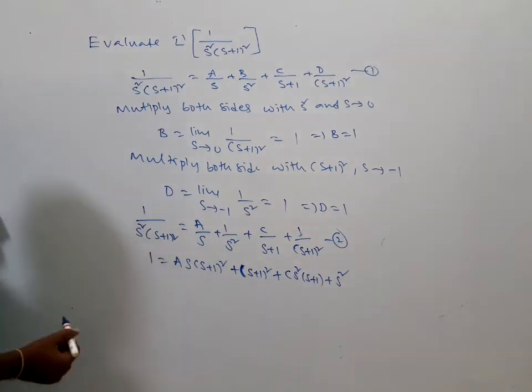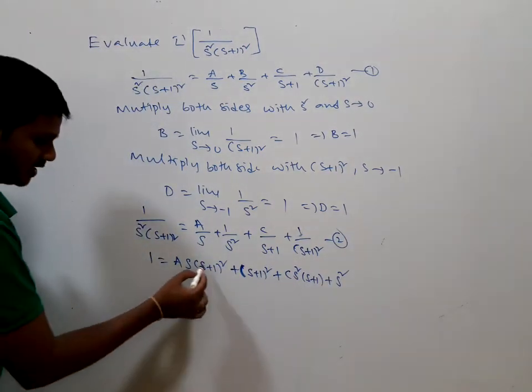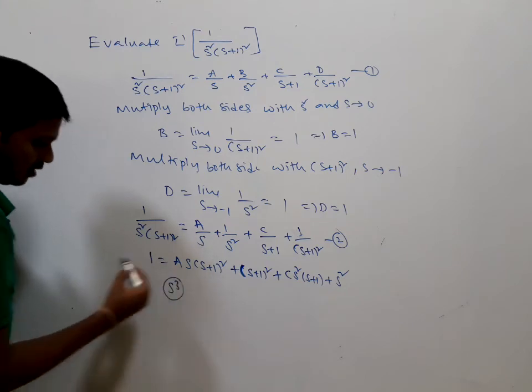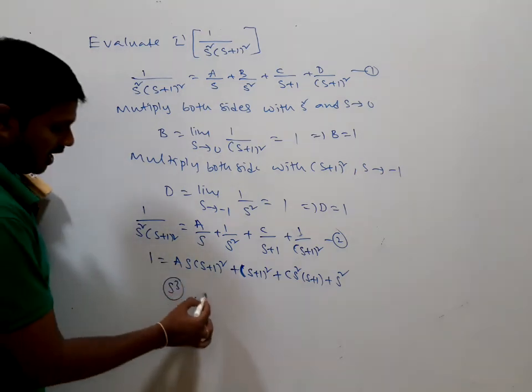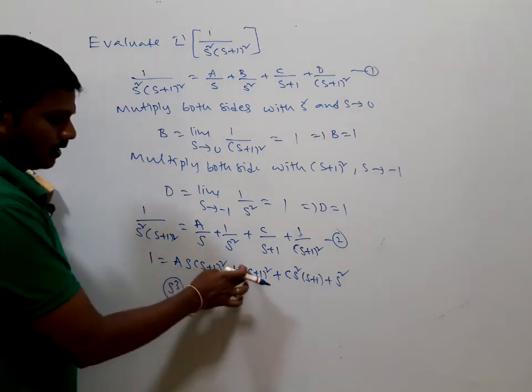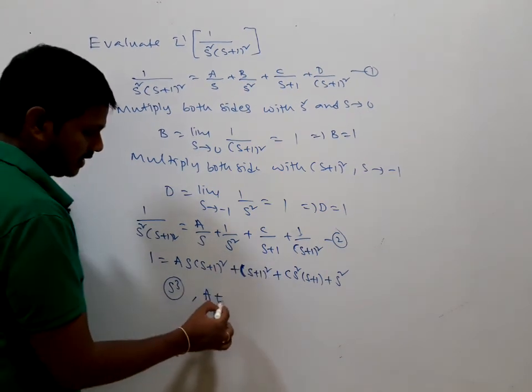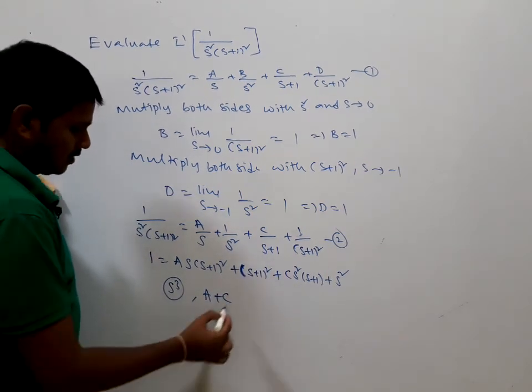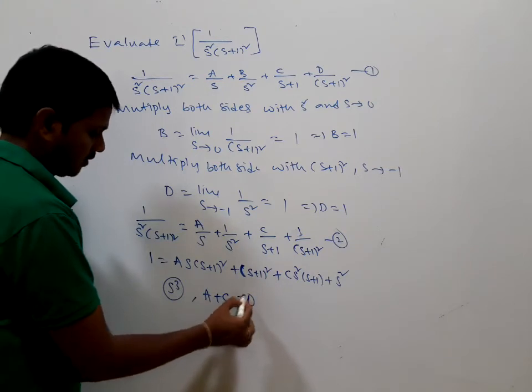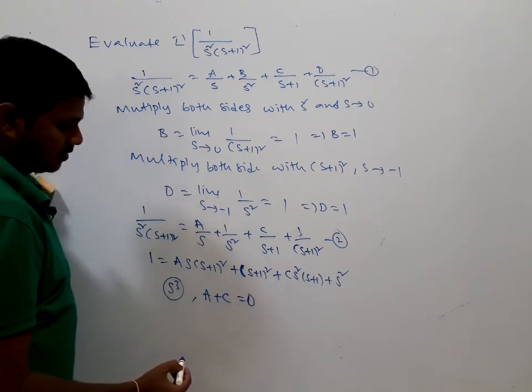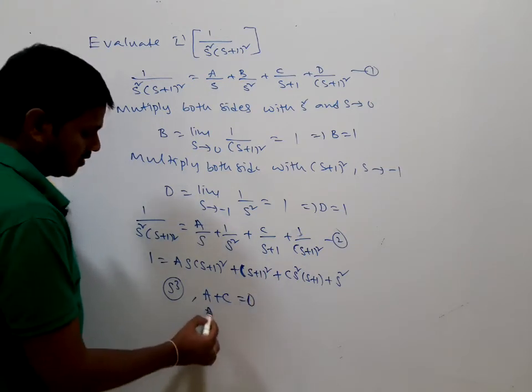Now equating the highest degree terms on both sides, here s cube, the terms on both sides of s cube, it is a we have. Next, here s square, it is plus c is equals to 1, sorry, nothing, 0. So a plus c is equals to 0, so a is equals to minus c.